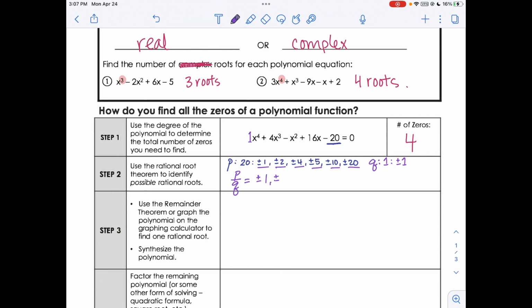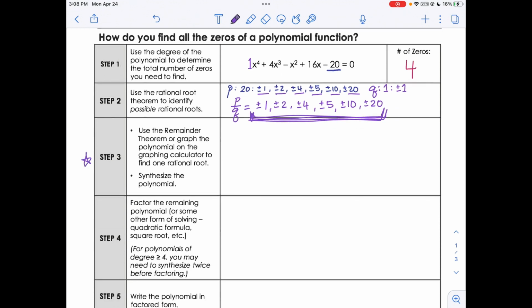Plus or minus 2 over 1 is 2. Plus or minus 4 over 1 is 4. Plus or minus 5 over 1 is 5. And plus or minus 10 over 1 is 10. And plus or minus 20 over 1 is 20. Okay? Then we're going to use these 12 possible roots to apply in step 3 and step 4.